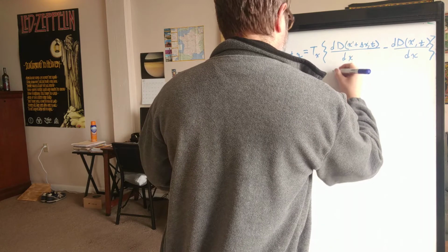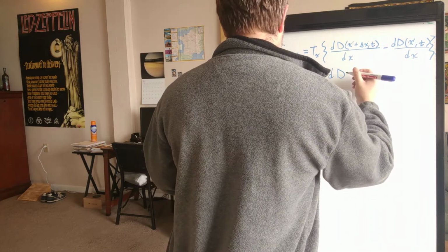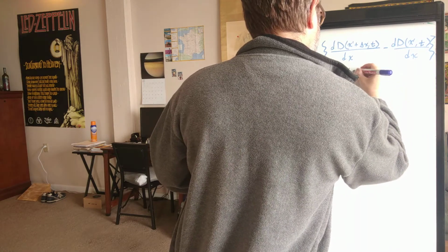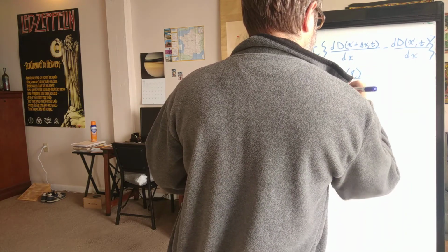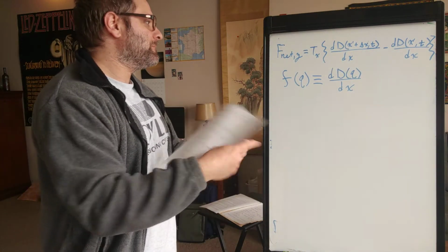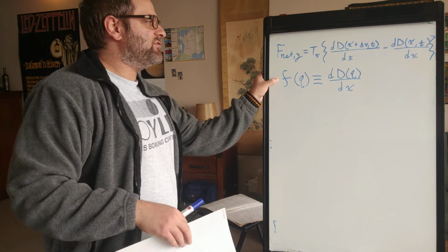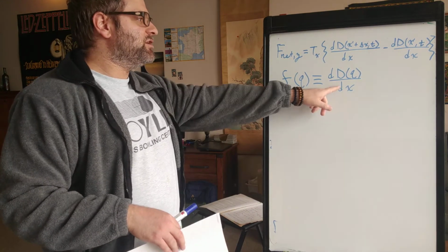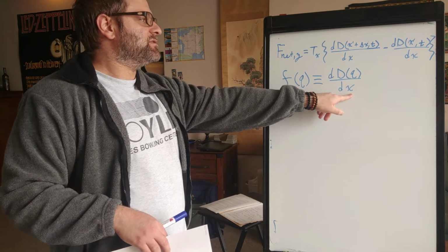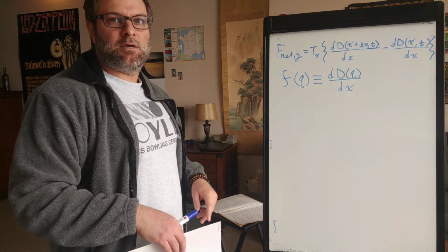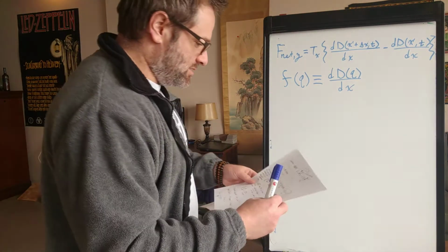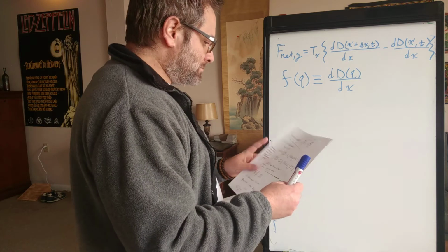And this function is defined as the derivative of a displacement. Okay? So we're just saying that everywhere we write f, which is some function, what we really mean is the first derivative of the displacement with respect to position. Okay? So we're just taking those derivatives and defining them as a function, and we'll see why this is a good trick in a second.